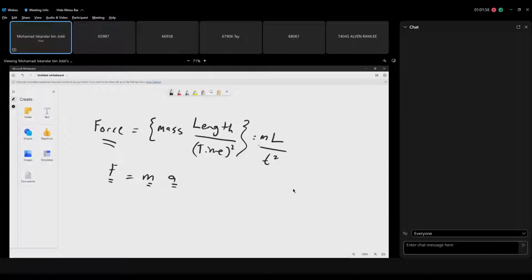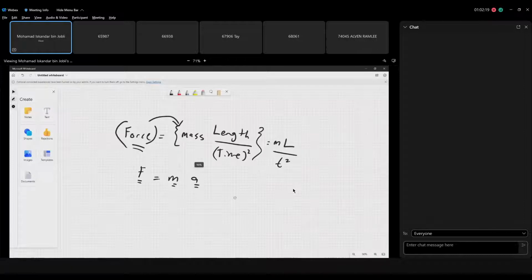I repeat, force equals mass times acceleration. Now your task in the first part of the lecture is to expand the force in its primary dimension. So this is how you do it. Let me show it to you step by step.